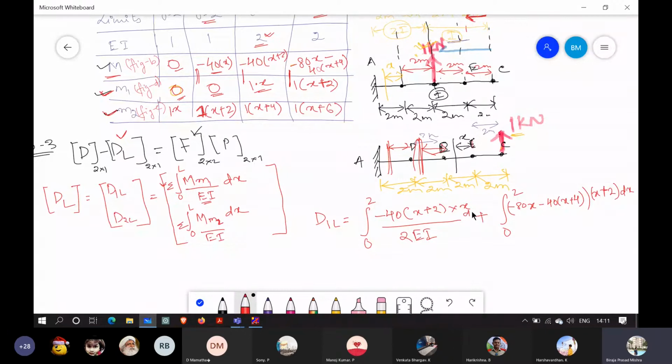I forgot dx here, divided by again 2EI. So all of you please integrate and find out the value.